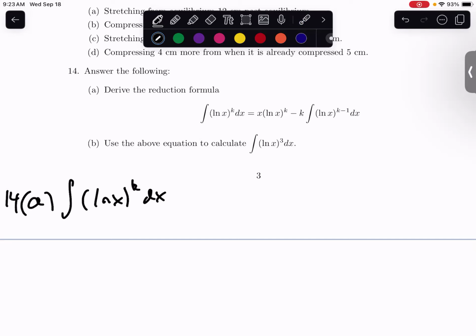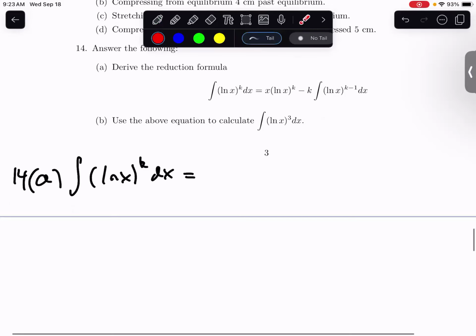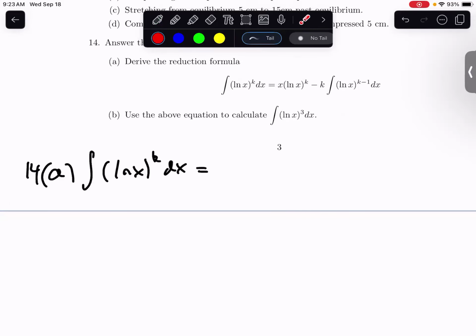Just like when we were finding the integral of the natural log, we let u be equal to the natural log of x, and dv be equal to dx, and then we did the integration by parts formula.